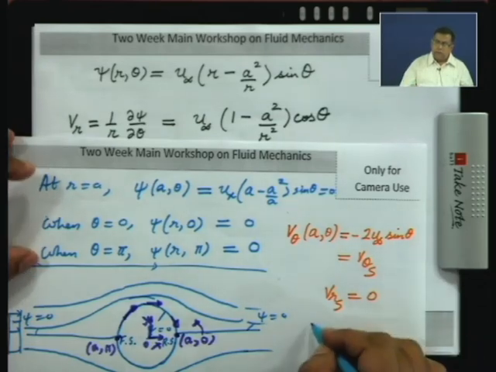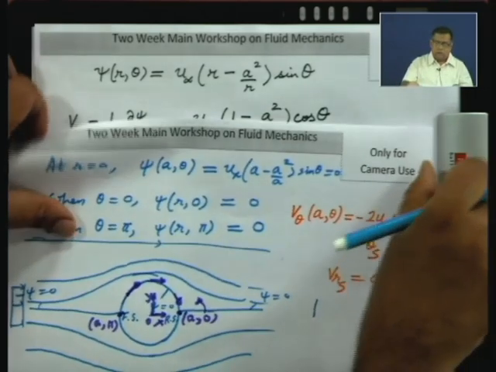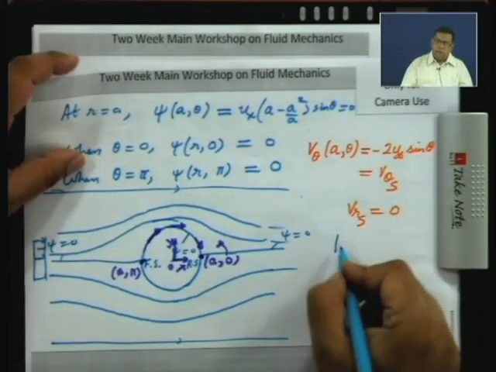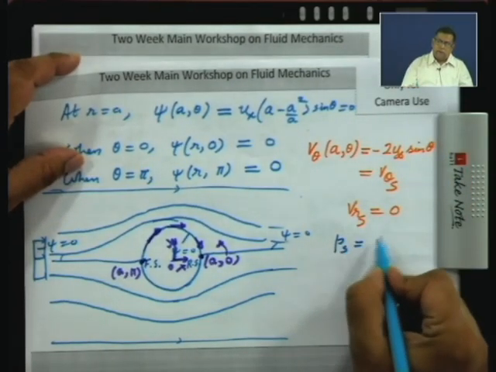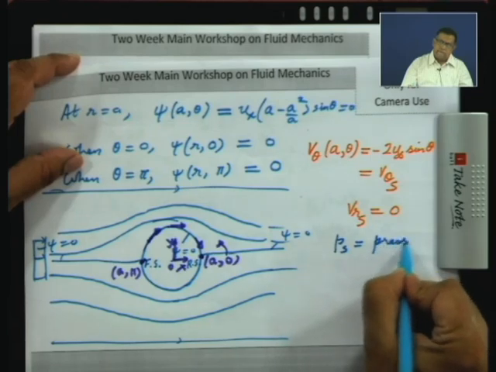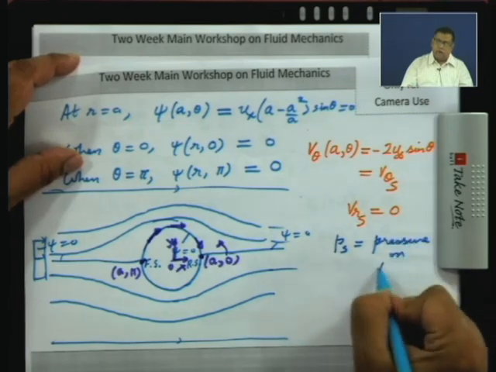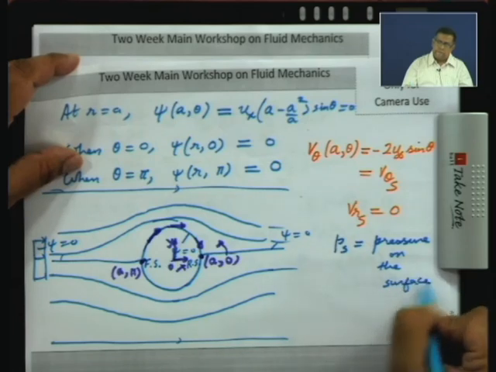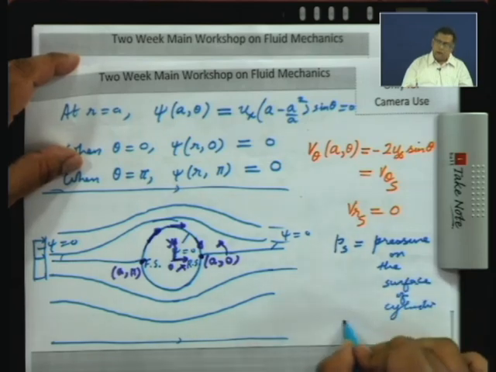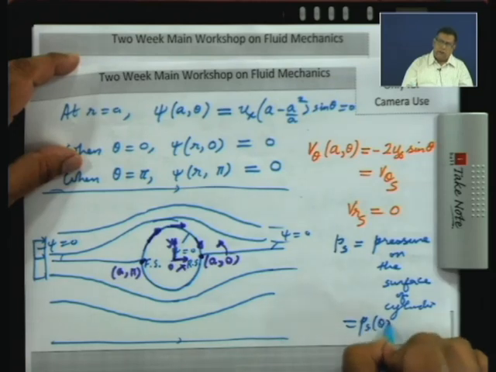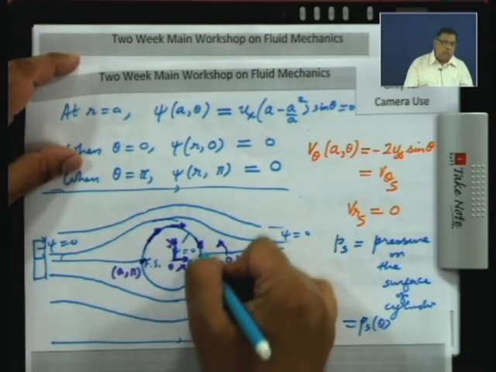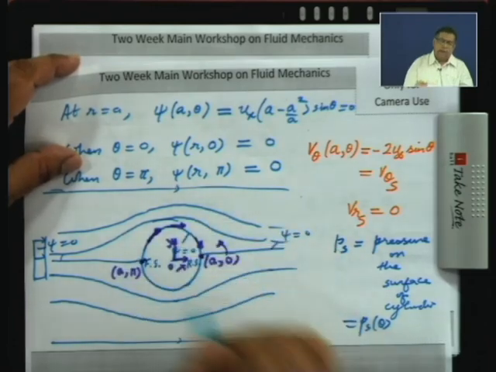So, if I say P s is the pressure on the surface of the cylinder, of course, P s will be a function of theta, because on the surface of the cylinder r is a constant which is a, and as you move along the surface of the cylinder theta is changing.